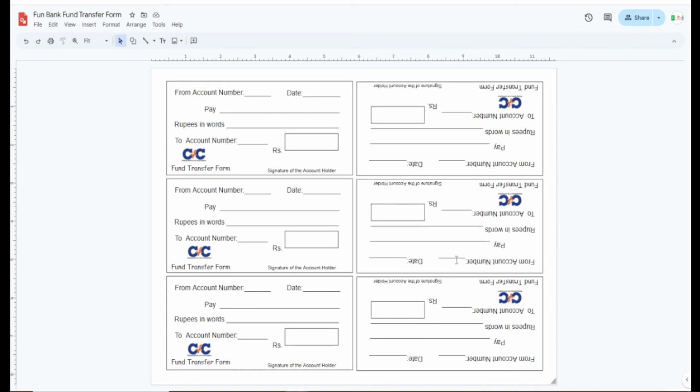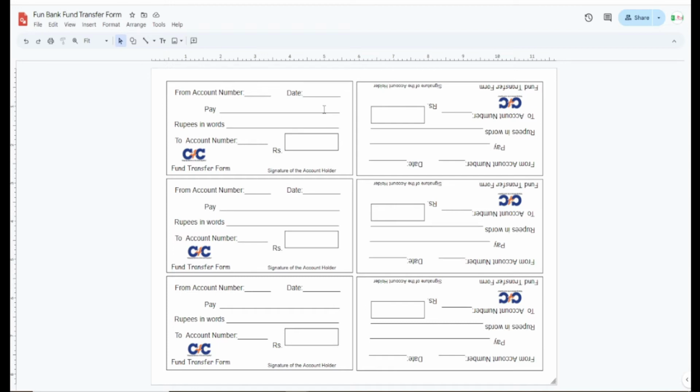In the fund transfer form, they have to enter the from account number, which is generally A's account number, the account he is transferring from. Then pay to whom, for example, they can mention the name, and the account number also.